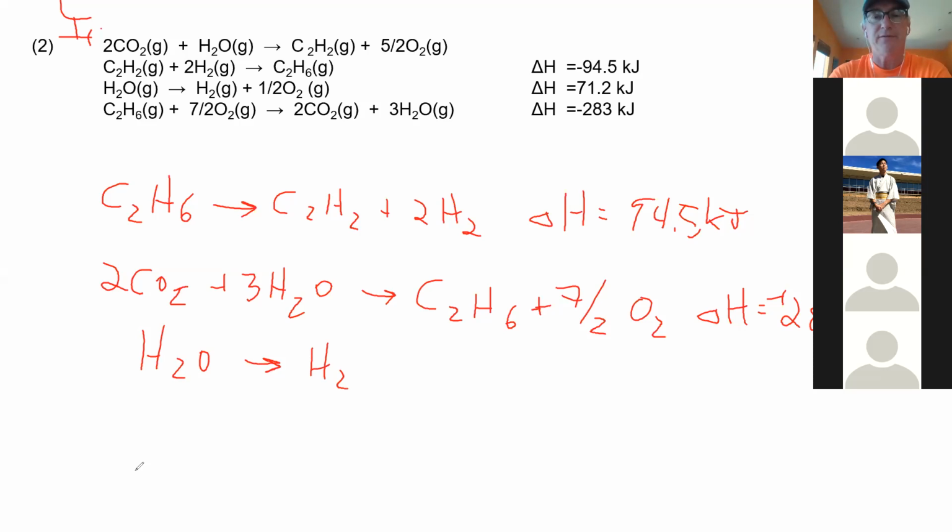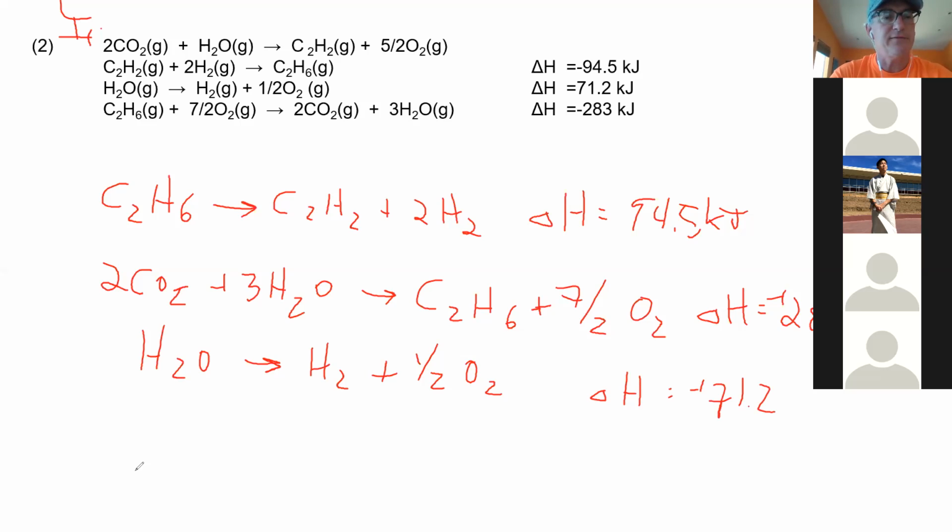Then we can start figuring out whether to divide or multiply. When we get everything on the right side, it's a good place to start. So this will give us an idea of whether we're okay. So delta H for this will not change. So that is plus 71.2.